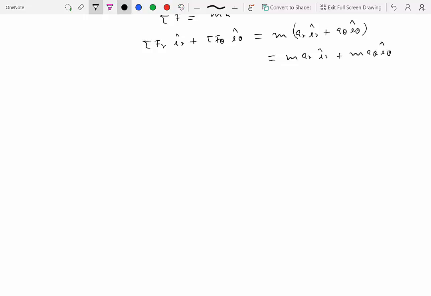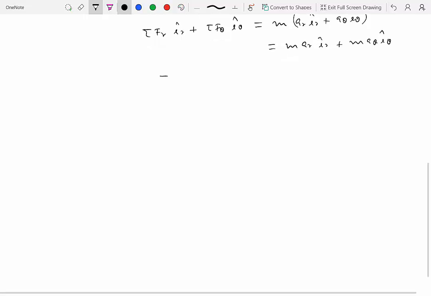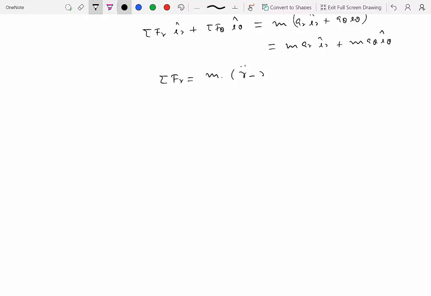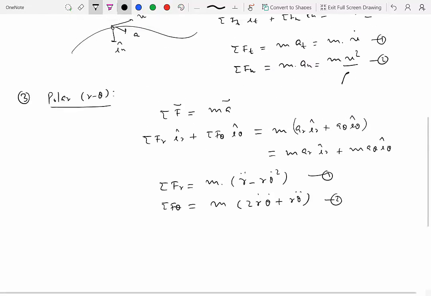So vector equation, let's resolve it along er hat and e theta hat direction, and we get sigma fr equal to m times r double dot minus r theta dot squared, and along the theta direction sigma f theta equal to m times 2 r dot theta dot plus r theta double dot. So once again, at most two unknowns can be solved from these two equations.